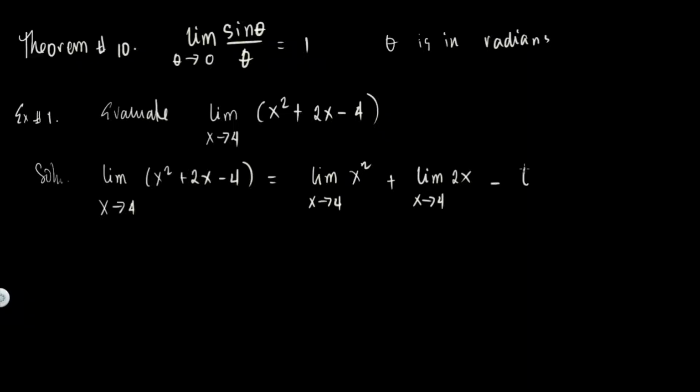And the limit, or plus the limit of negative 4 as x approaches 4. Okay? Then, this is equal to, ito naman, this limit of x squared as x approaches 4.